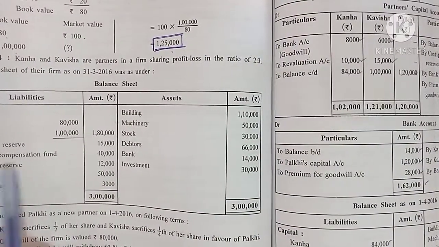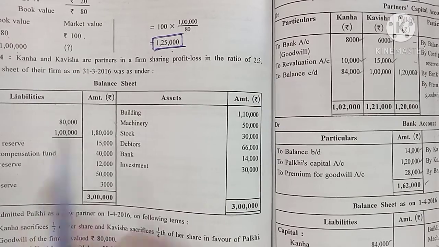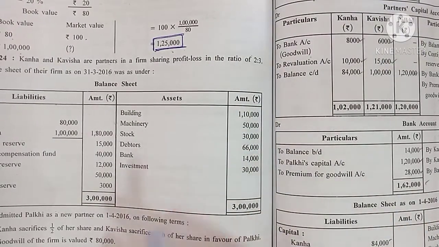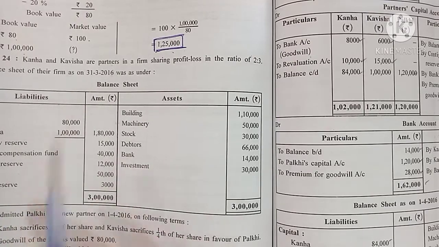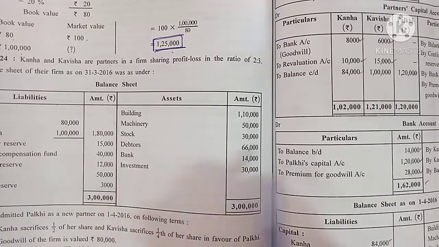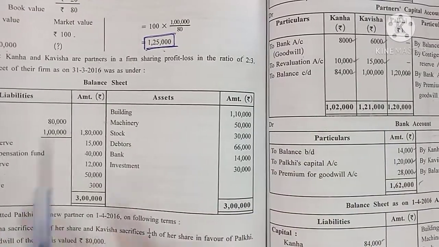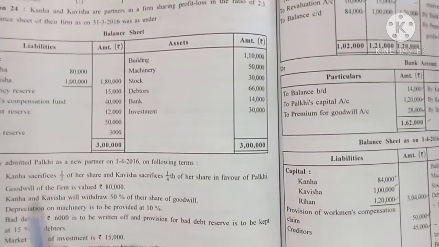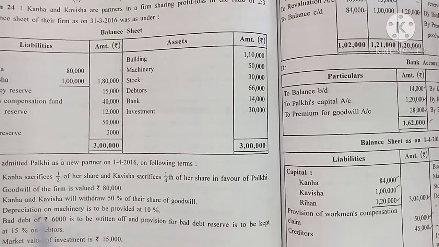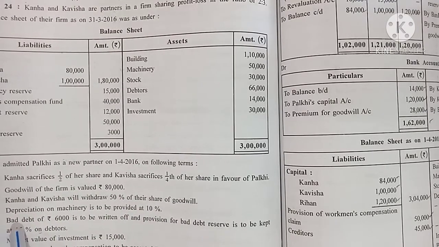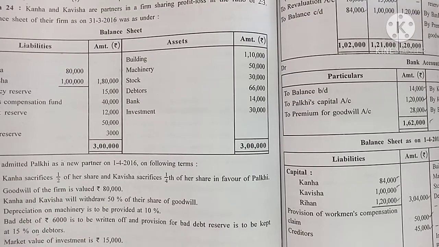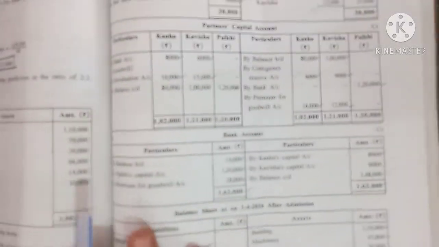Okay. Next, the workman compensation fund, I already told you. Revaluation account and new balance sheet, it will not be shown. Investment reserve is also adjusted. Creditors, nothing will come in the partners' capital account. Okay, now adjustments. First adjustment is over, second also over, third, fourth, fifth, sixth, seventh, eighth, and ninth also over.